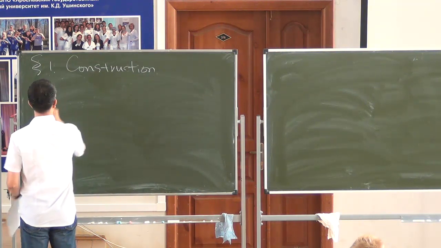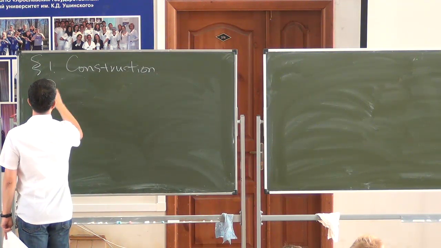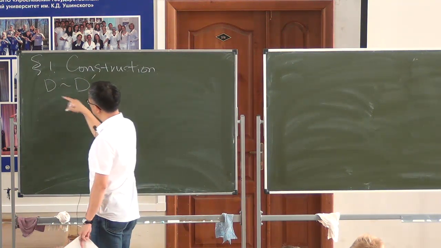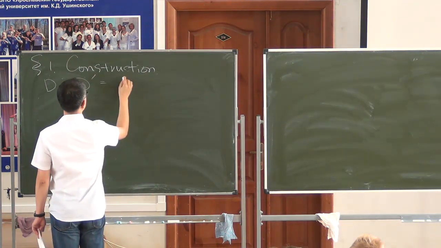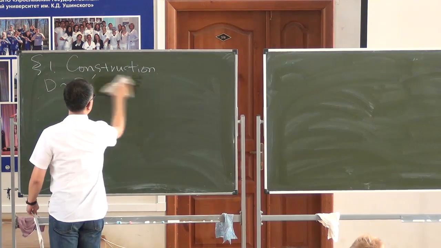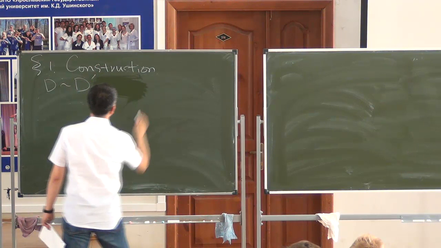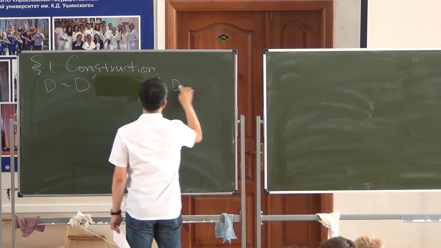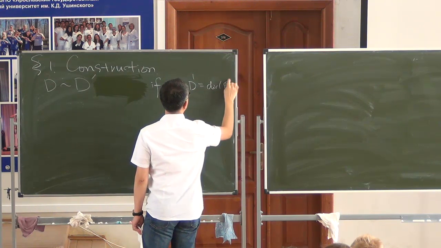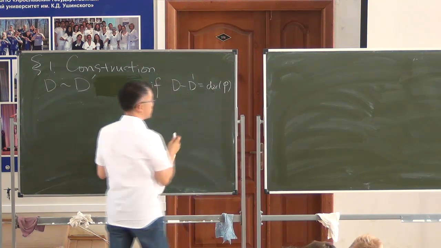Before I do this, let's fix some notation. If I write this wave, ~, then this means D minus D' is the divisor defined by some rational function.